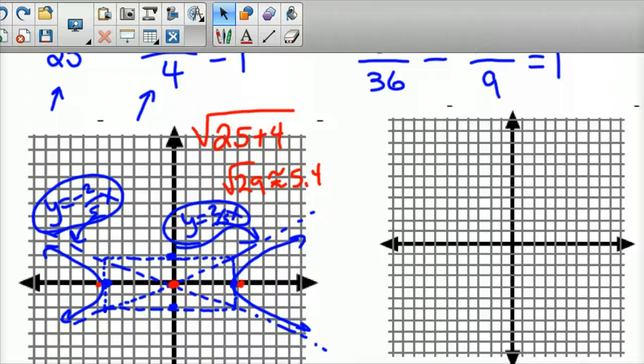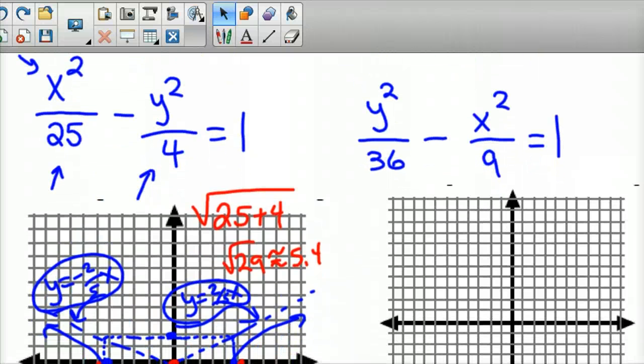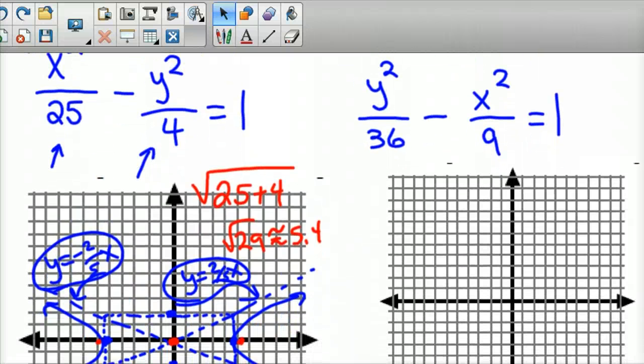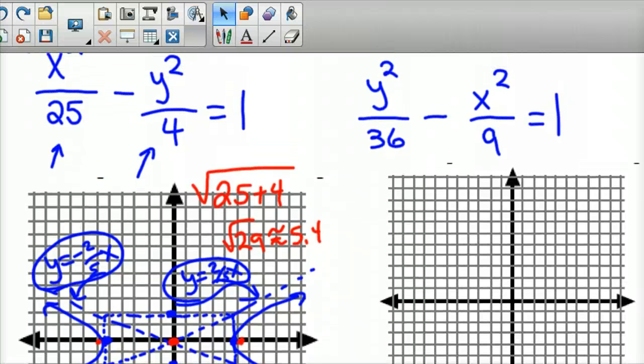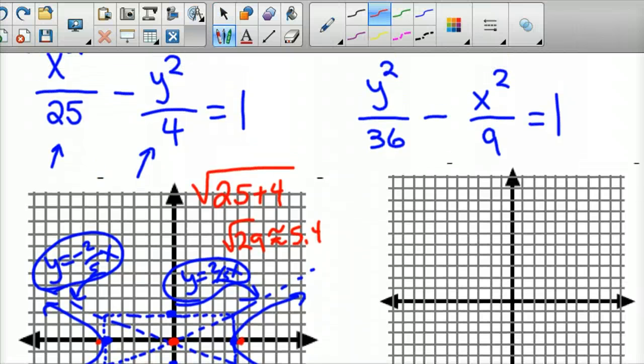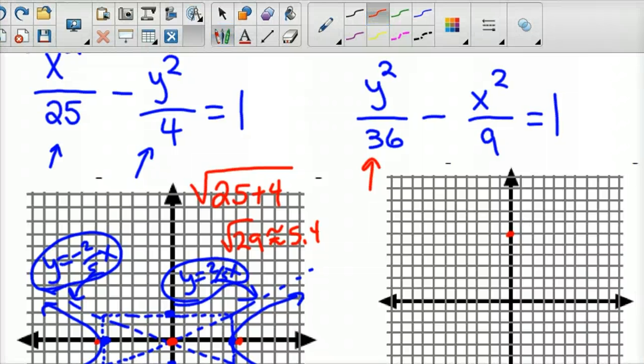So let's see if we can do the same with this. Or maybe you want to pause the video and give it a shot yourself now. So in this one, we're going to go up and down 6, since the 36 is under the y. So right here, and I ran off the screen a little bit. Oop.